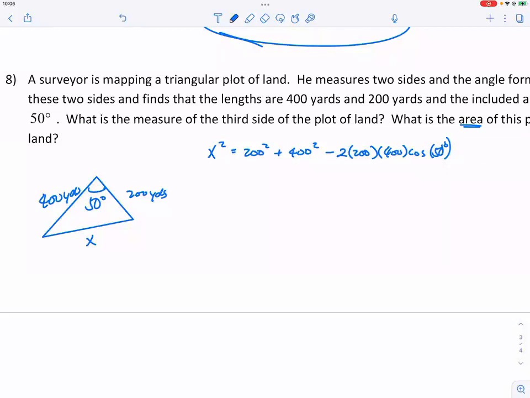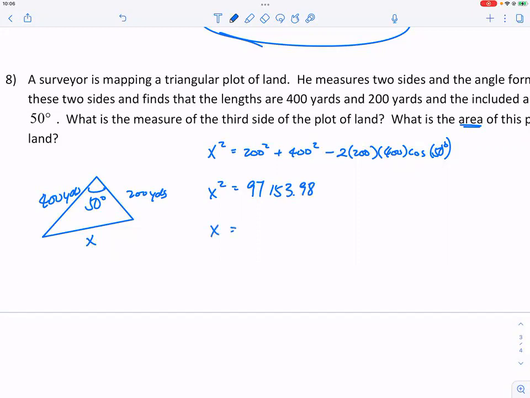So I have 200 squared plus 400 squared minus 2 times 200 times 400 and then cosine of 50. Okay, so all these together, double checked, I typed everything correctly. X squared gives me 97,153.98.